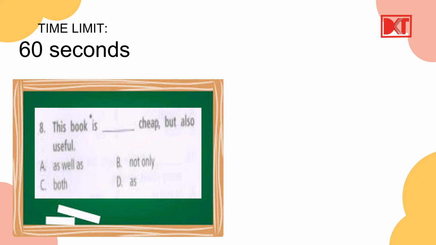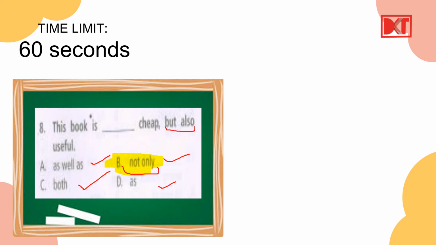Okay, here. This book is dash cheap but also useful. A. As well as cheap. B. Not only cheap. C. Both cheap. D. As cheap. Here the correct answer is B. This book is not only cheap but also useful. So here not only but also, these are what?